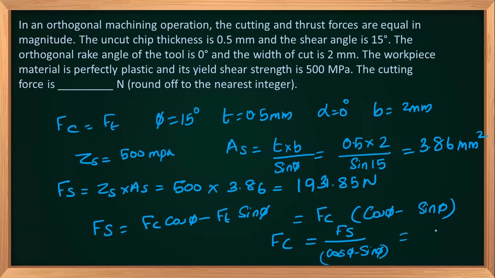Fs is 1931.85 divided by cos 15 minus sin 15, because we don't have to find any other angles. That's the beauty of this equation.